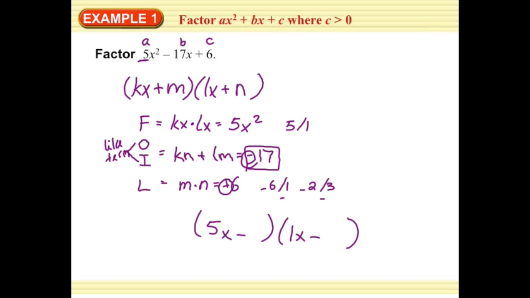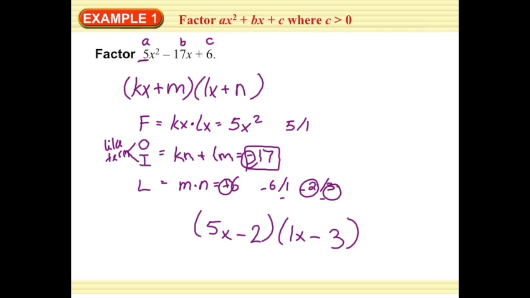I can say 17 is a larger number. I know that 5 times 3 will get me to 15, and 1 times 2 will get me to 2, and 15 plus 2 equals 17.